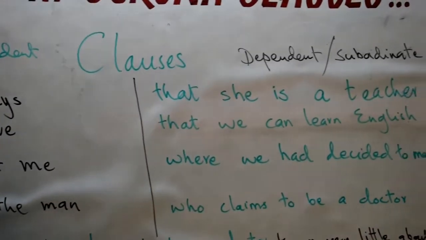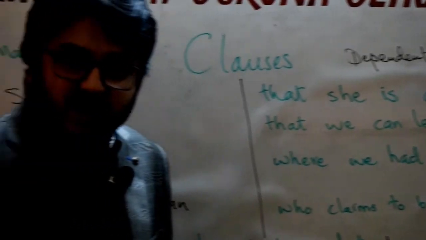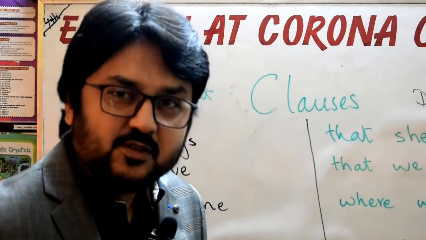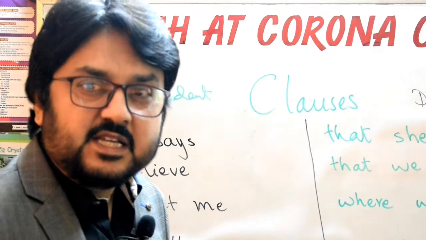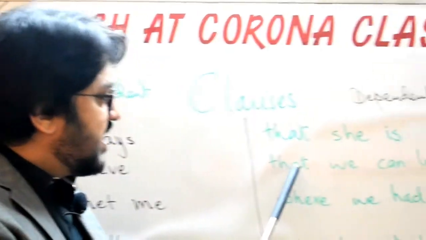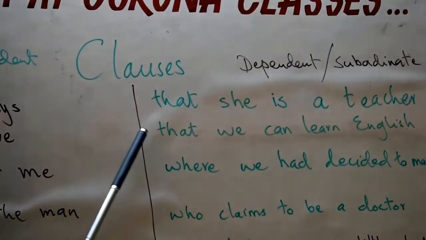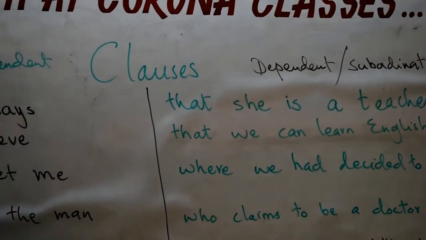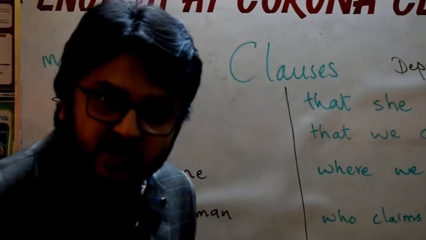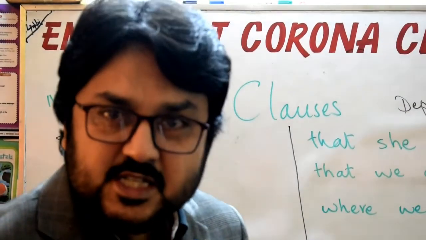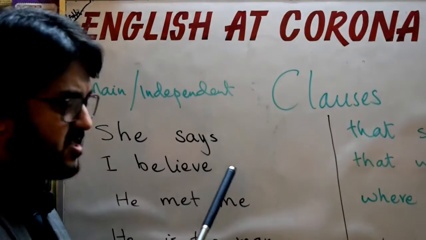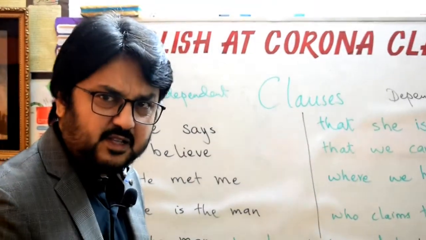That we can learn English. Now it can be understood. Now this subordinate clause has got the sense with the help of the main clause. That is why subordinate clauses are known to be the dependent clauses, because they depend on some word in the main clause, especially the verbs and nouns in the main clause.